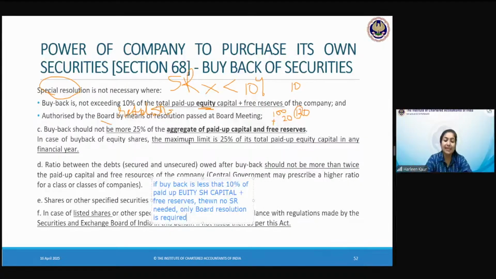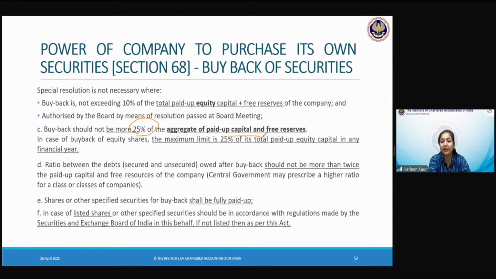Now, what is the maximum limit of buyback? Buyback cannot be more than 25% of the aggregate paid up capital and free reserves. In case of buyback of equity shares, the maximum is 25% of the total paid up equity share capital in any financial year. So children, first of all, answer me. 25% of the aggregate paid up share capital and free reserves. Does it include preference share capital?